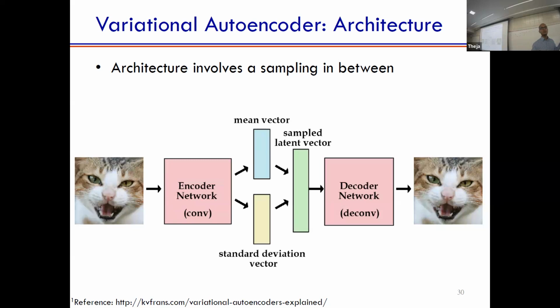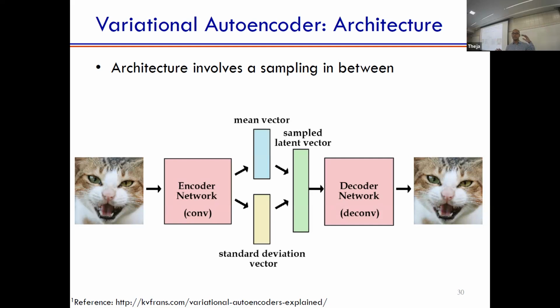But the assumption about the VAE is about the marginal distribution of Z. First of all, the moment you have two random variables X and Z, you have a joint distribution between them, P of X comma Z, right? The marginal distribution is just averaging out all the X's that are possible.